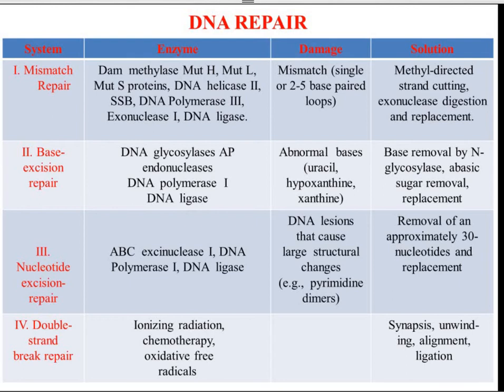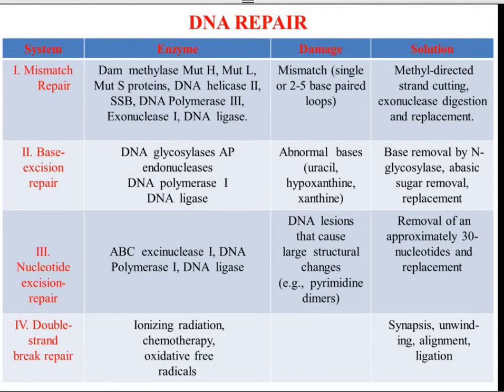Now, in order to combat different types of DNA damage or mutations, we have 4 different mechanisms. One is the mismatch repair, then base excision repair, nucleotide excision repair, and double strand break repair.